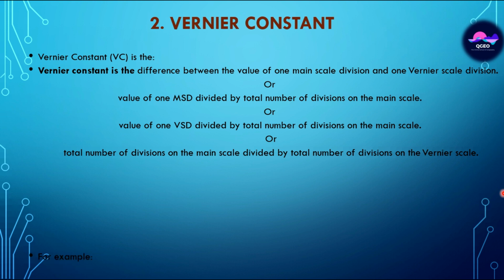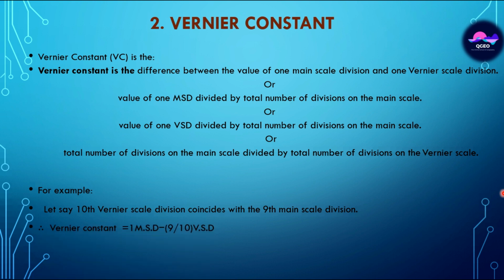For example, let's say 10th Vernier scale division coincides with 9th main scale division. Vernier constant will be 1 main scale division minus 9 by 10th VSD. 1 centimeter minus 9 by 10th centimeter is equal to 0.1 centimeter.